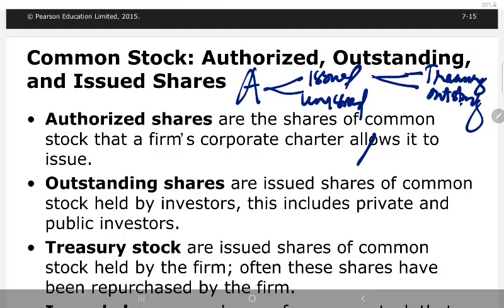So, ibig palang sabihin, pag outstanding, in good terms ka dun sa karelasyon mo. Pag treasury, ito yung ibinalik sa may-ari. Para lang yun sa karelasyon. Diba? Pag treasury, wala na, hindi na kayo. Ibinalik na yan.